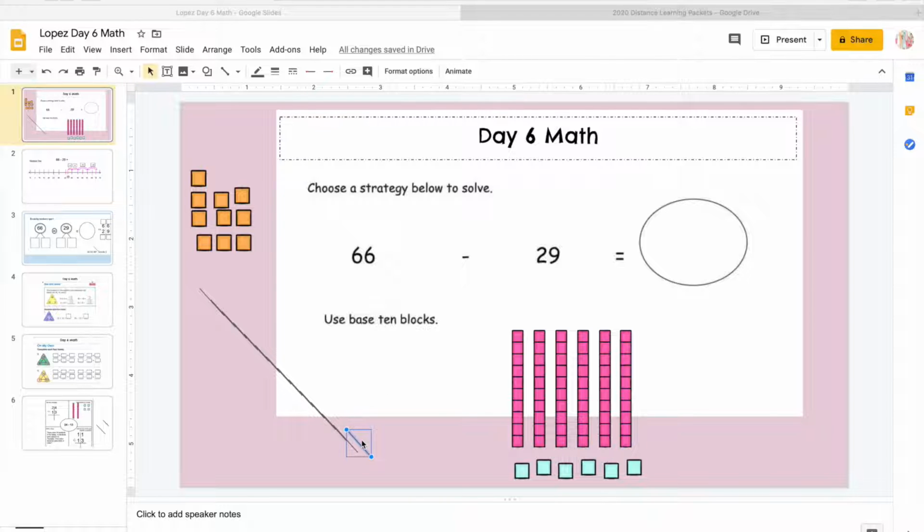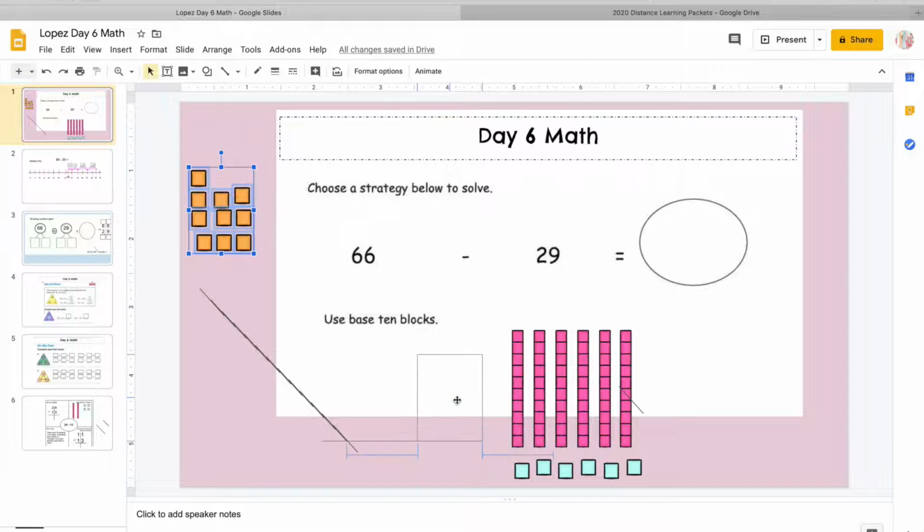The first thing we need to do when we regroup is cross out one of our 10s, and we're going to replace that with 10 ones.